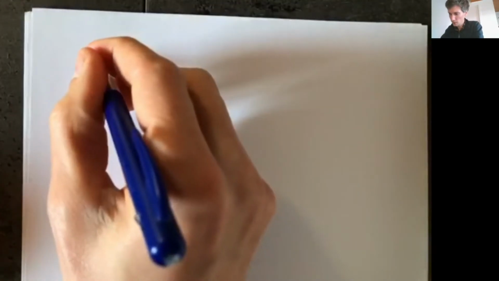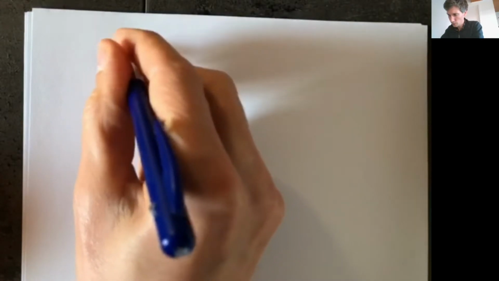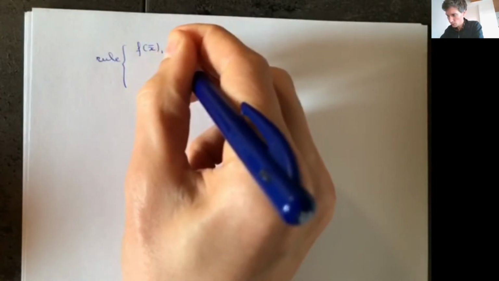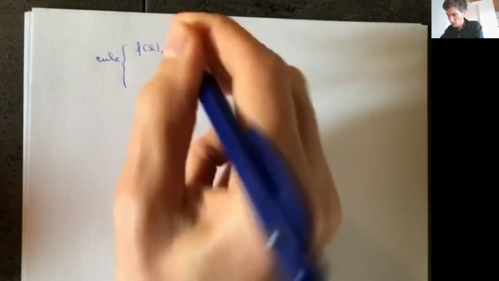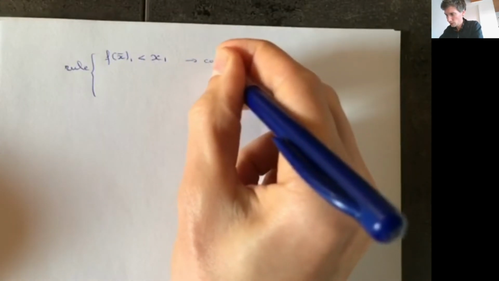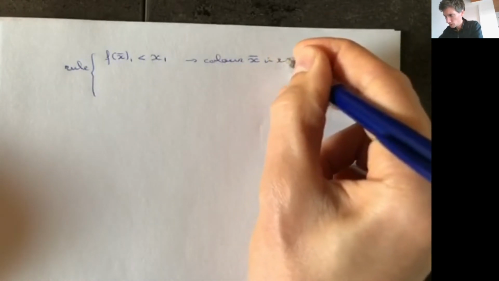Okay, so let me put my colors here. So my rule is the following: if f of x1 is smaller than x1, similar to before, I'm going to color the vertex x in red.